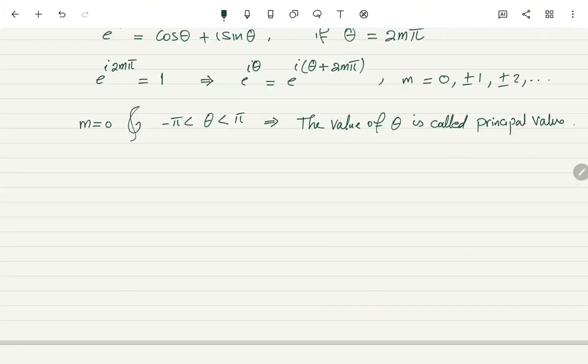Let's define a complex conjugate. Whenever you replace i by minus i, this is called a complex conjugate. So for every i, you replace it by minus i, and you will get the complex conjugate.